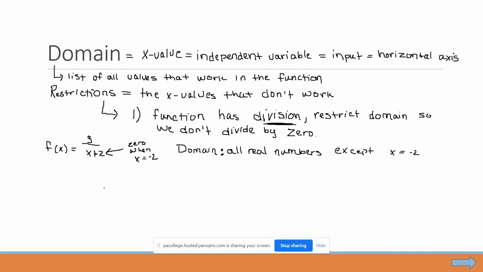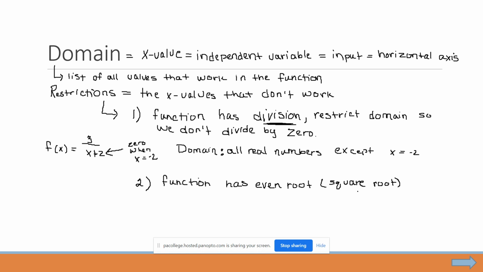The second case where we could get a restriction is if the function has a square root. And it's more than just a square root. It has an even root. Square root is the most common. But if it had a fourth root, that would also provide a restriction.